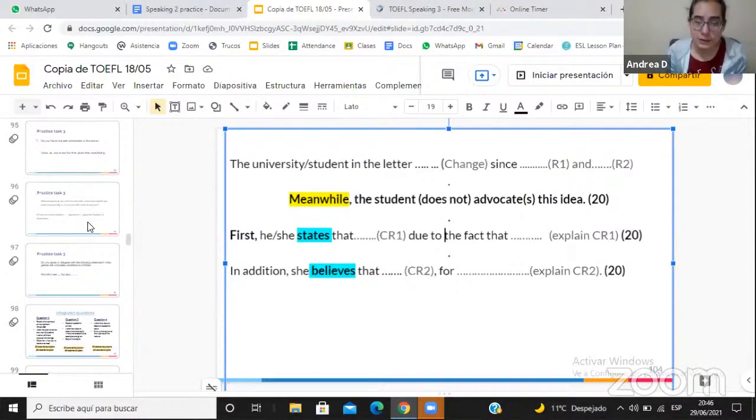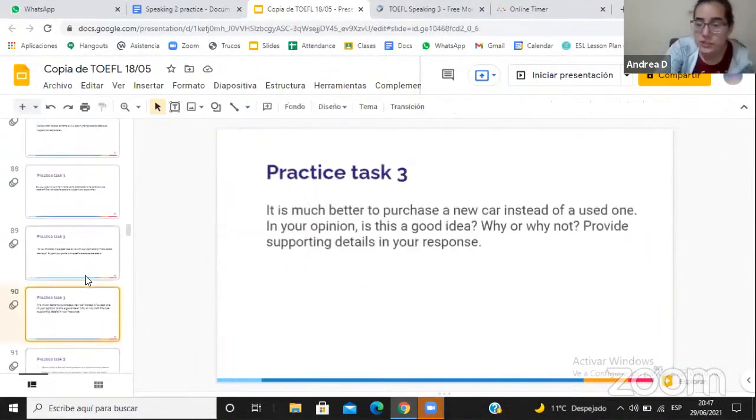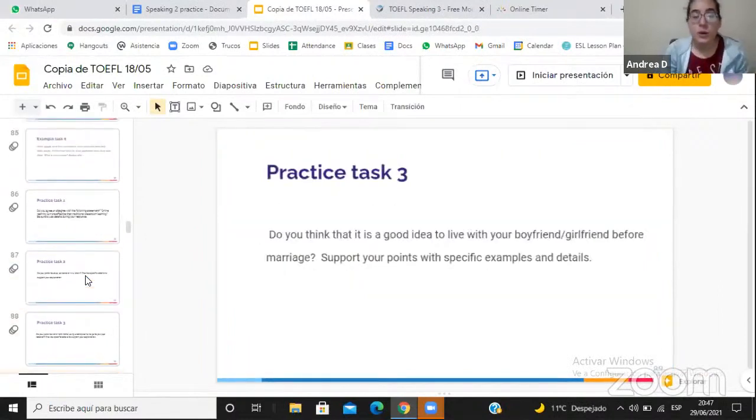So obviously it's always good to use transitions. Now, regarding the difference between the speaking tasks, the one that we looked at last week, the independent one, where you have the question and then you answer it, was completely different. You have a different structure. So every question is going to be different.